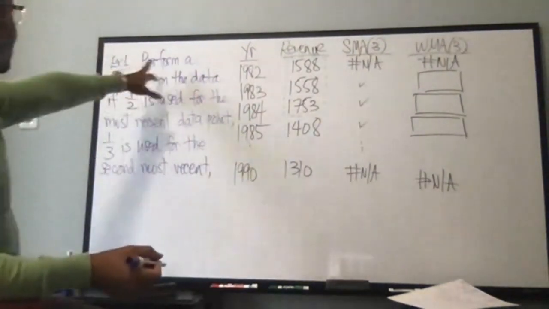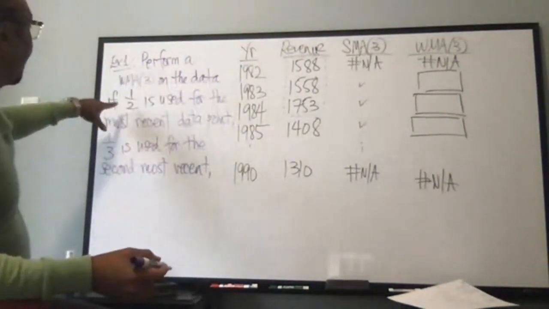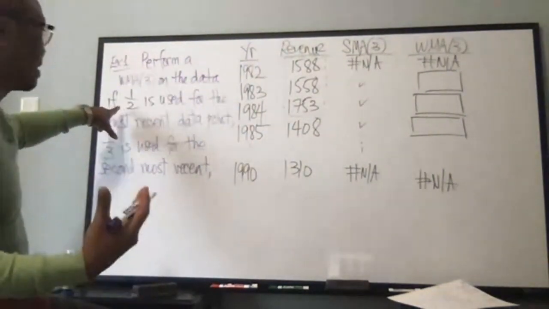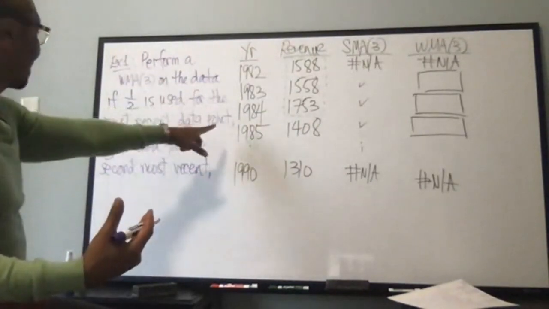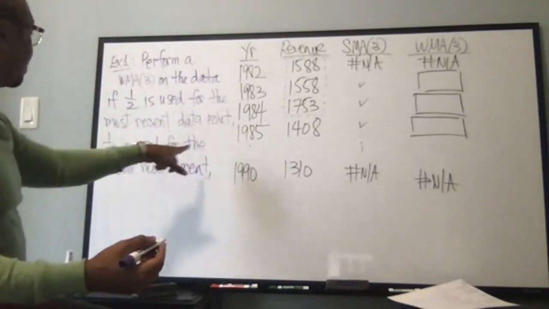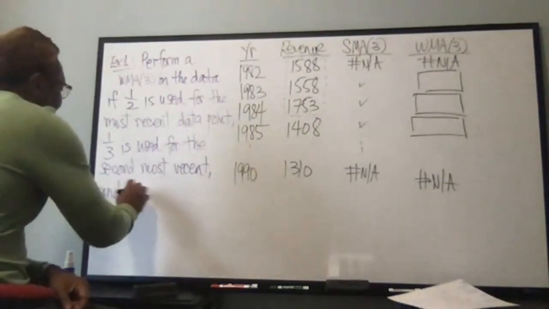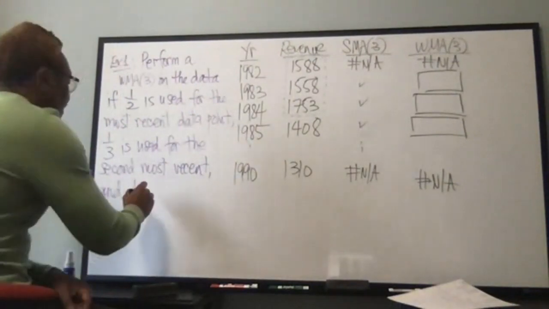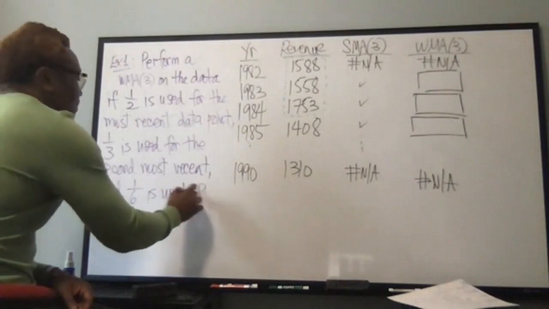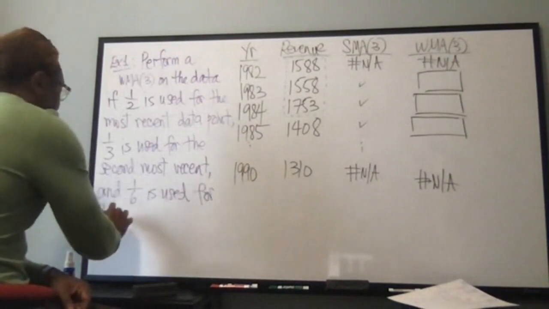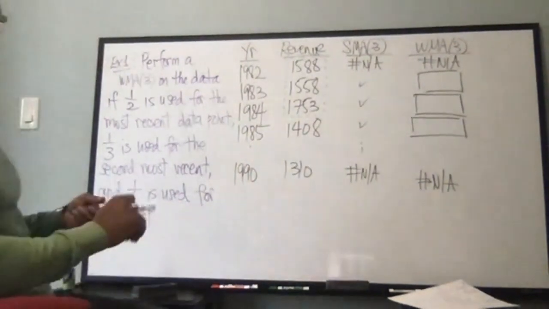So this says perform a WMA3 on the data if 1/2 is used for the most recent data point, 1/3 for the second most recent, and 1/6 for the oldest. Now I'm starting to give you the weights or the percentages.